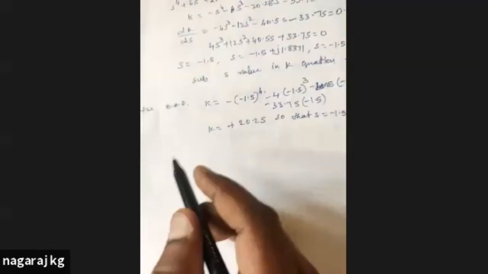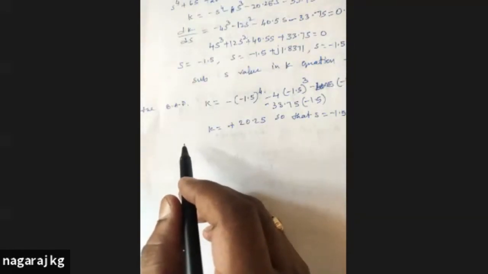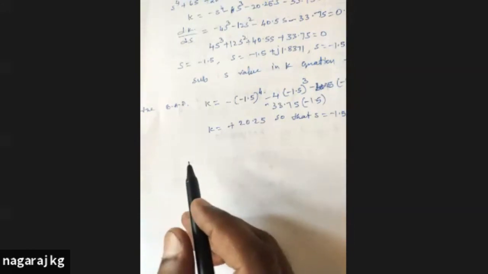Now next, when you have a complex term, you can still do it by substituting the value, but it takes a little longer time to check the value of K. Otherwise, you can use the angle condition.